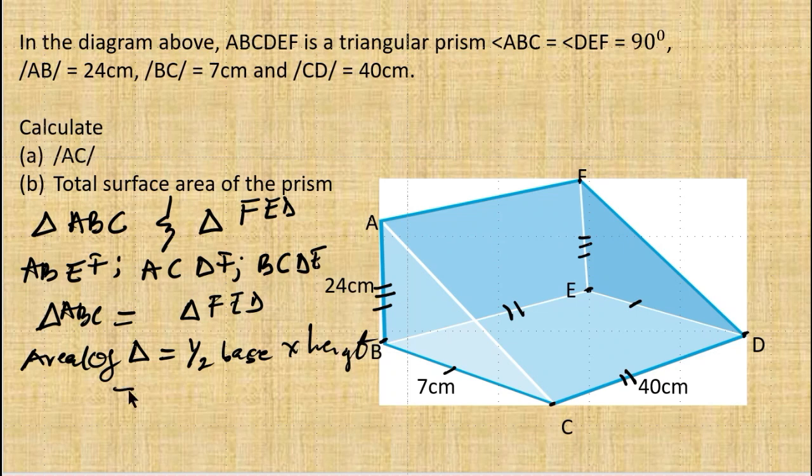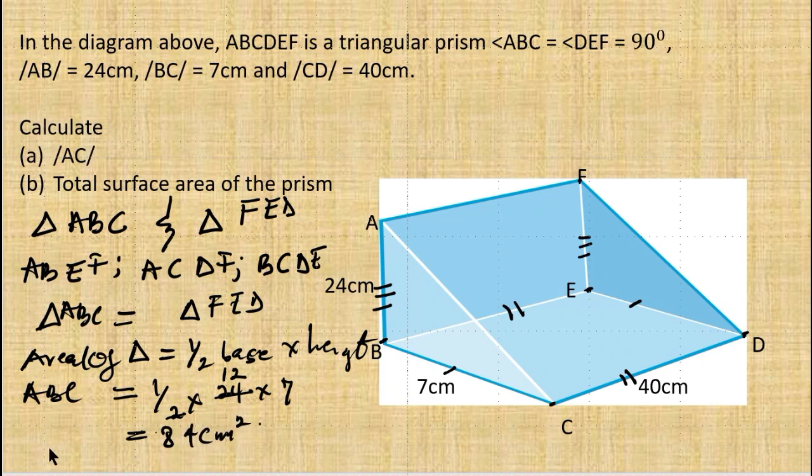So the area of ABC will be half times 24 times 7, which is 12 times 7, that's 84 centimeter squared.